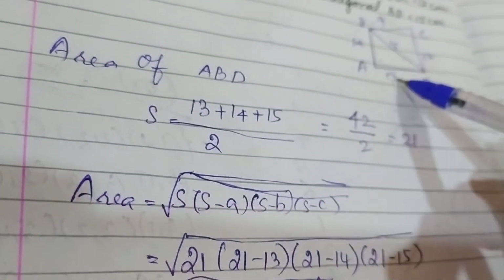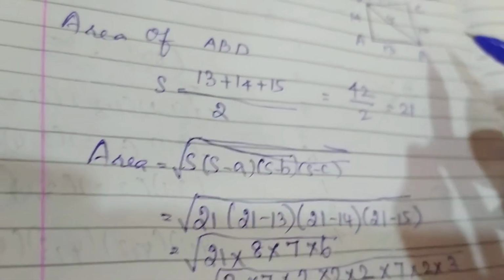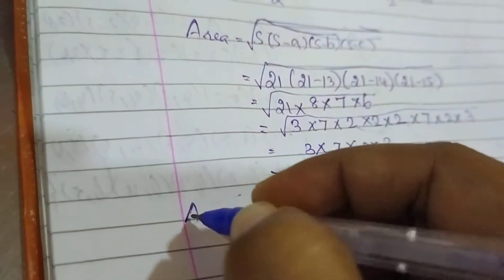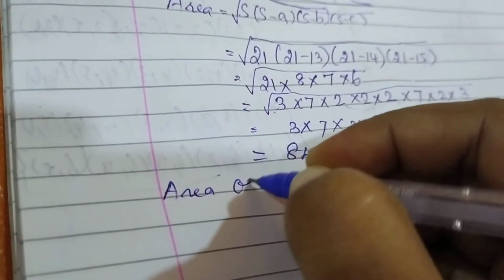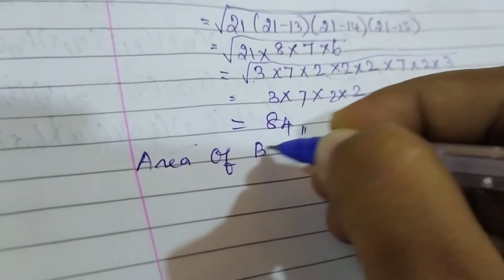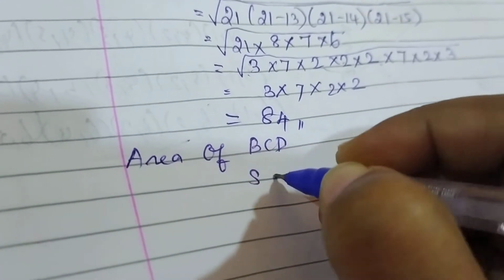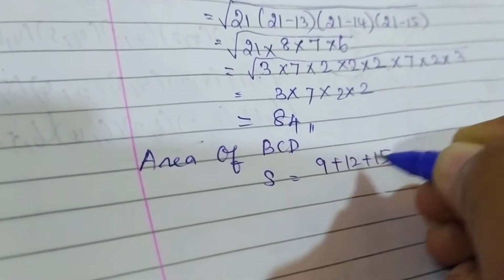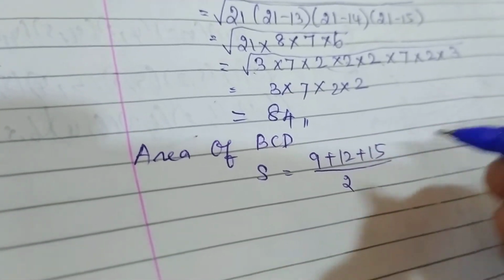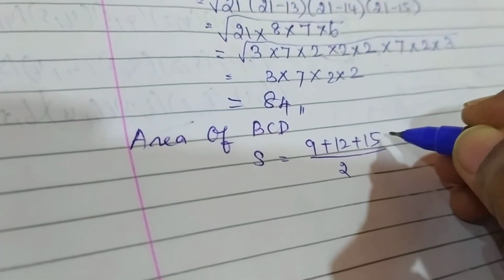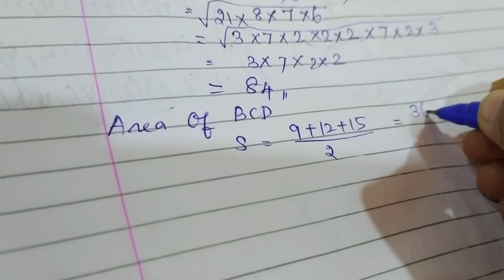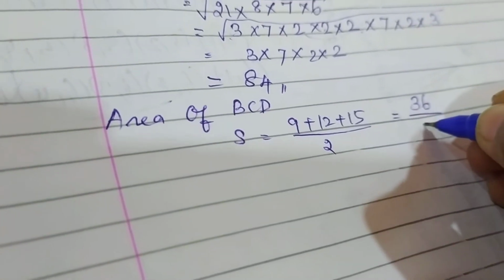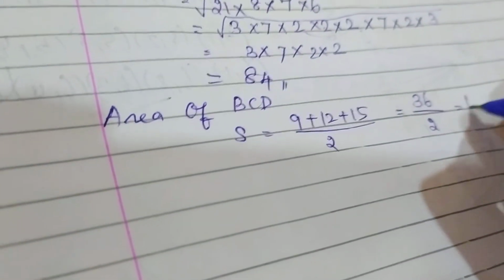Next we want to find the other triangular area, the triangle BCD. First we find S. 9 plus 12 plus 15 by 2. 9 plus 12 is 21, 21 plus 15 is 36, by 2 is 18.